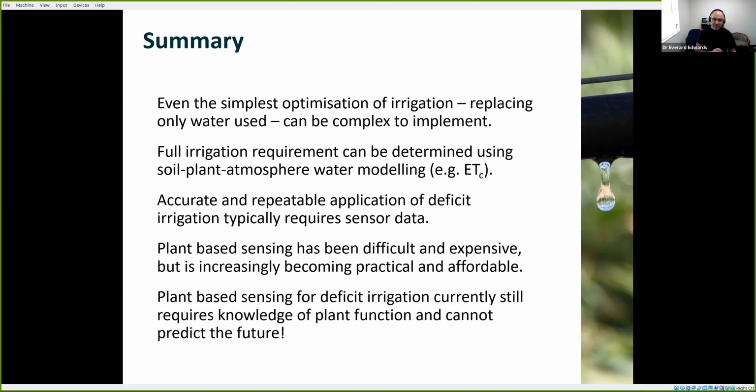So just to bear in mind though that really getting exactly what you want out of your vines still requires some knowledge of what the plant's doing with these sensors. And the other thing, of course, is that plant-based sensing can't predict the future. So if a big weather change is coming, your plant doesn't, and so you still have to manipulate the irrigation strategy you're using to take account of that.